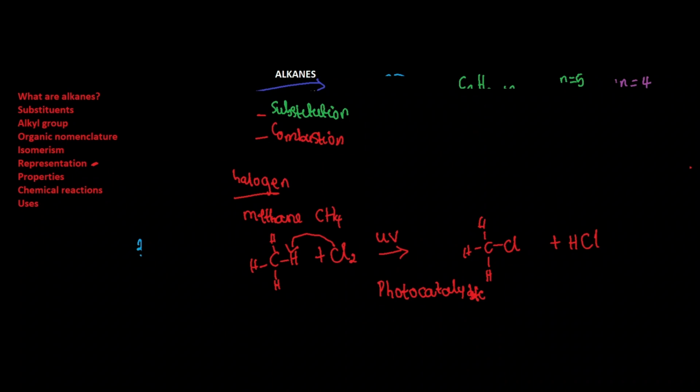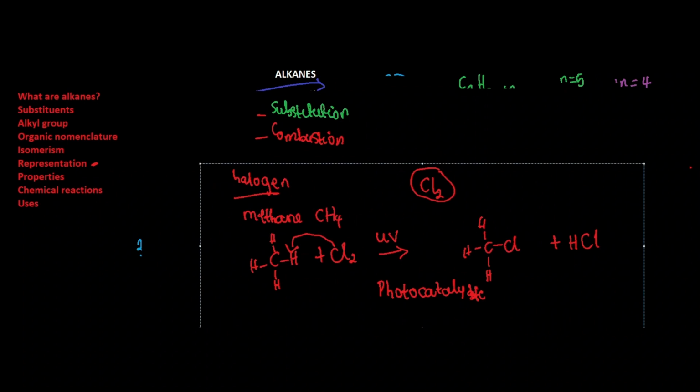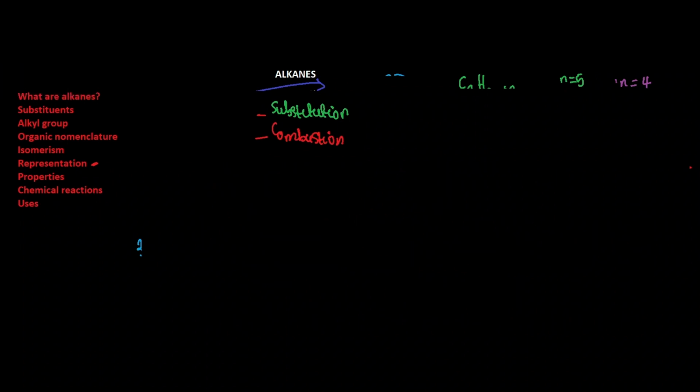So ultraviolet light helps to catalyze this reaction, or in essence it simply helps to form radicals out of chlorine. So rather than having chlorine as a molecule, the ultraviolet light helps to break the chlorine into radicals so it can take the position of hydrogen and be substituted into the molecule.